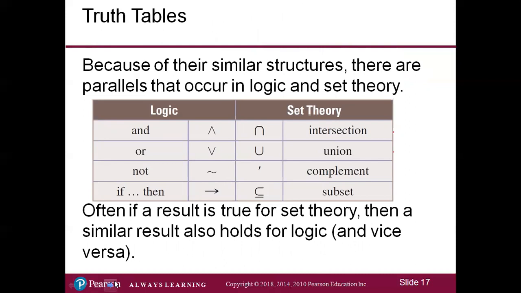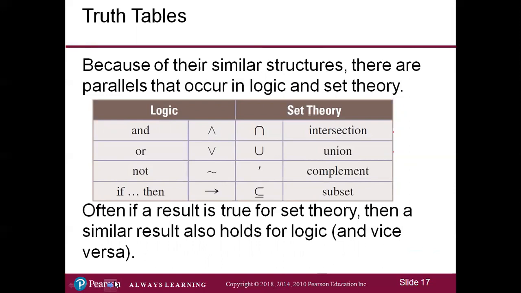Because of the similar structures, there are parallels that occur in logic and set theory. In set theory, we have the intersection. The symbol was a downward opening arc. And in logic, we have the same idea of the and, which is a downward facing V shape, which we call the caret, right?